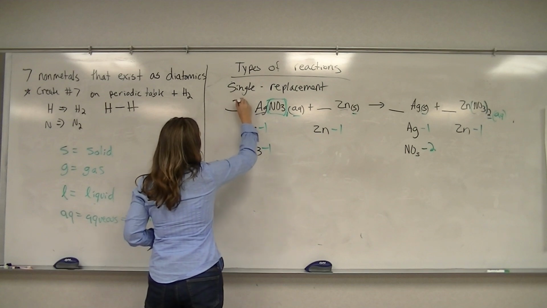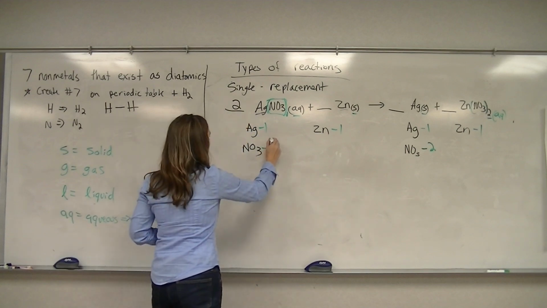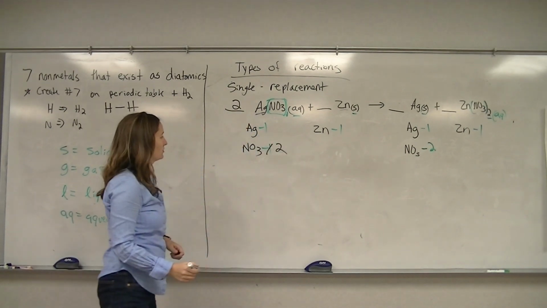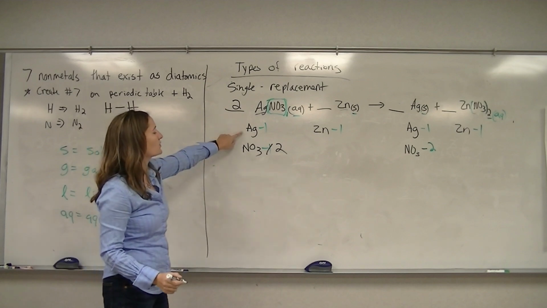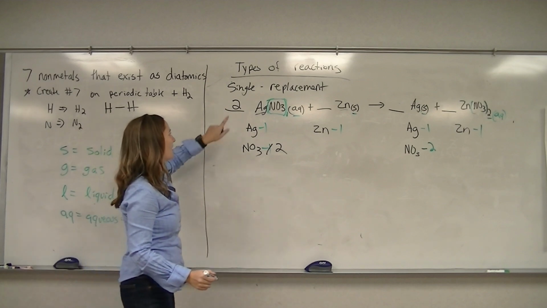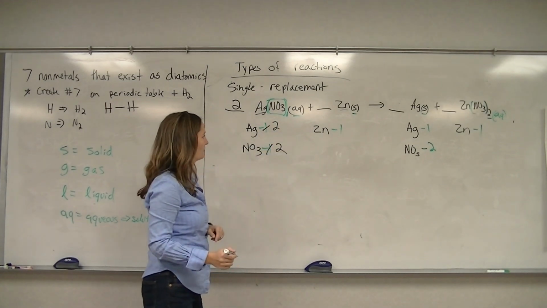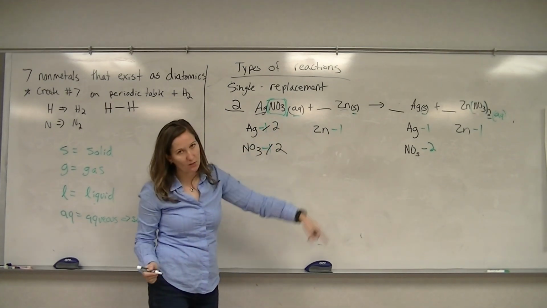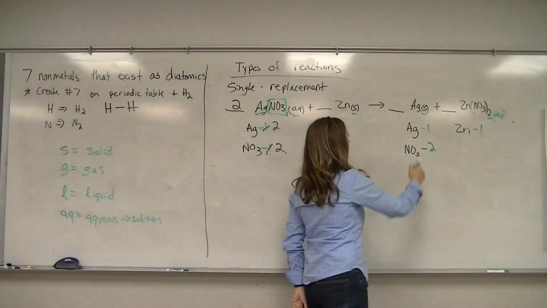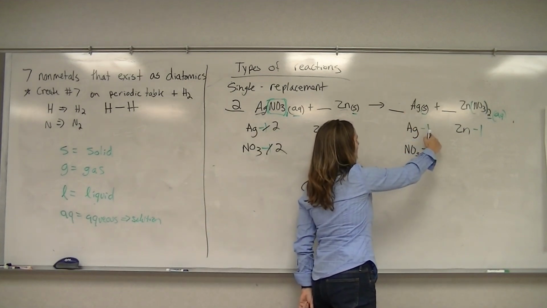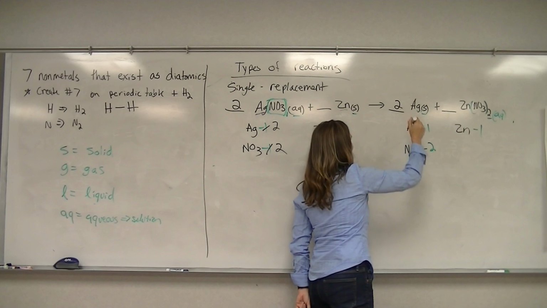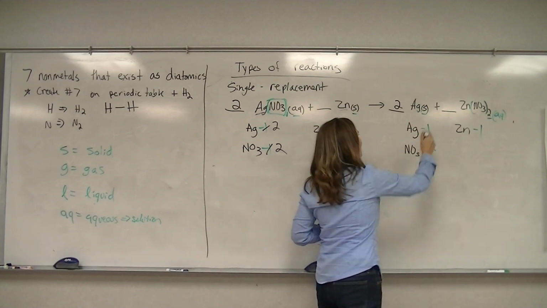So if I put a number 2 here, that changes my NO3s to 2. But notice it's also going to change my silver. My silver now has 2. So now I need to go back over to the product side and change my silver. So what number can I put here to make it 2? Just a number 2. 2 times 1 is 2.